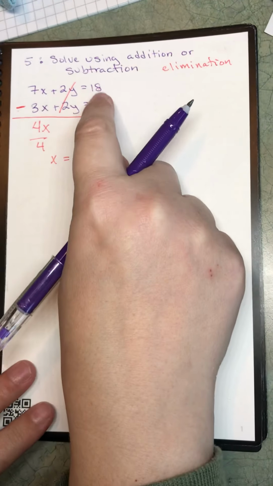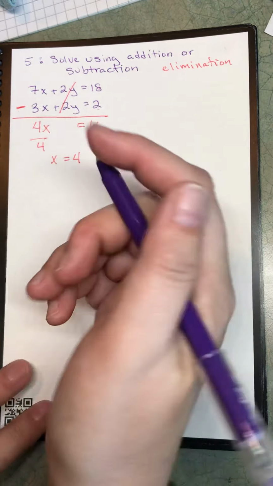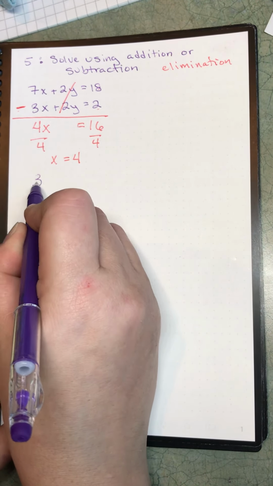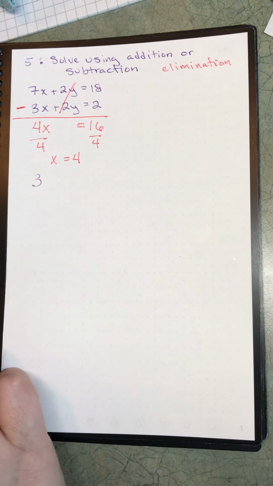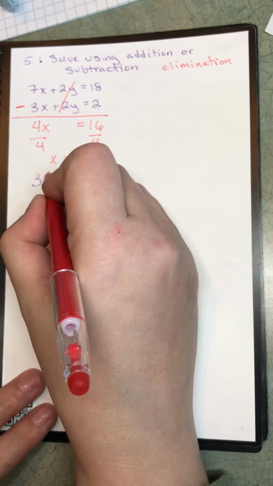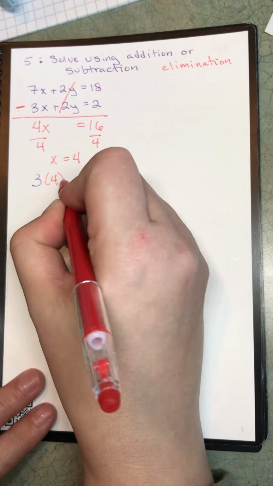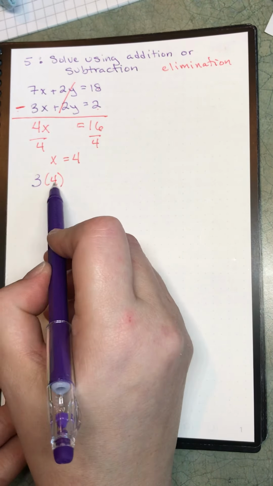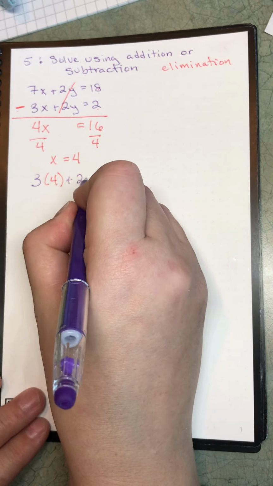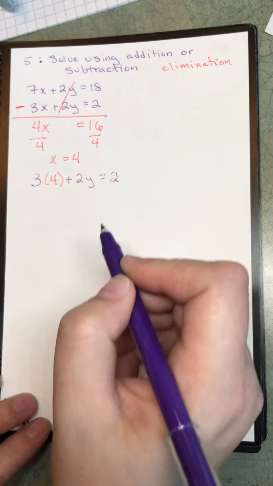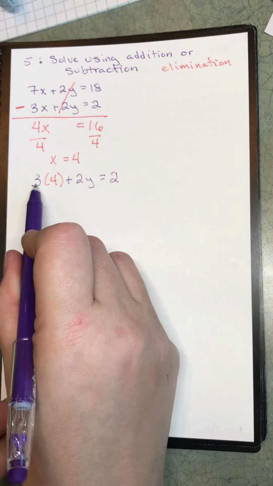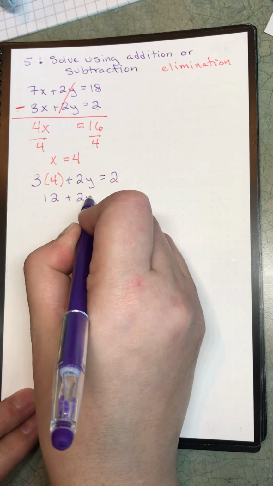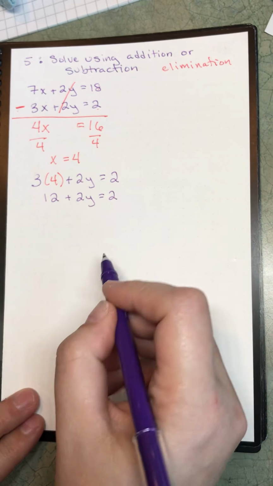So I'm going to use the second equation just because the numbers are smaller and it's easier to work with smaller numbers. So instead of 3x, I'm going to actually substitute in this 4. So 3 times 4, plus 2y equals 2. 3 times 4 is 12, plus 2y equals 2.